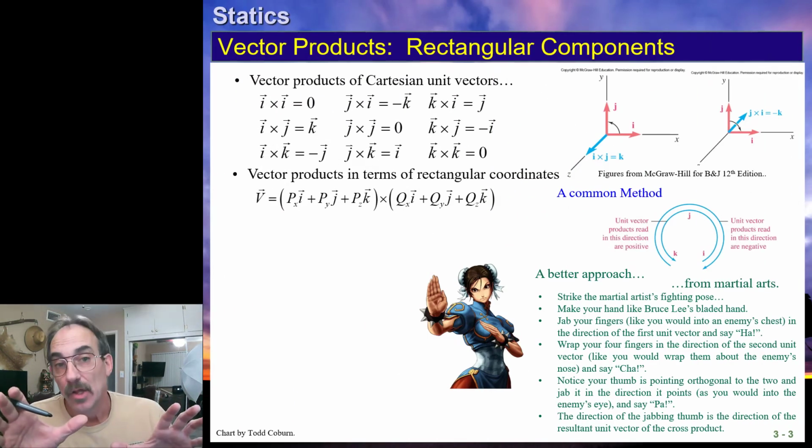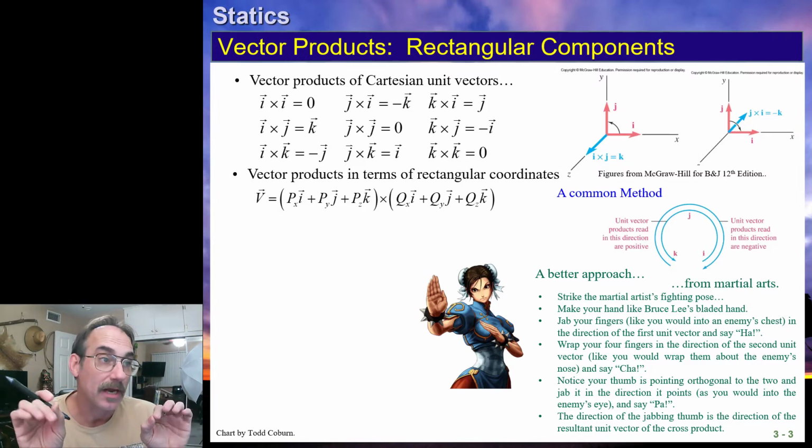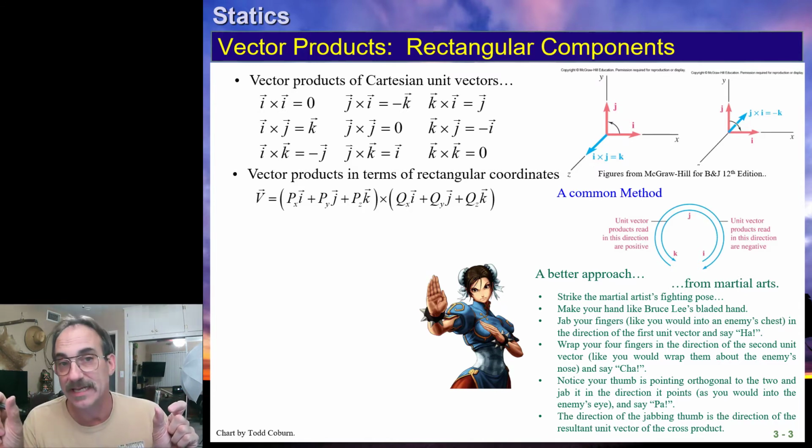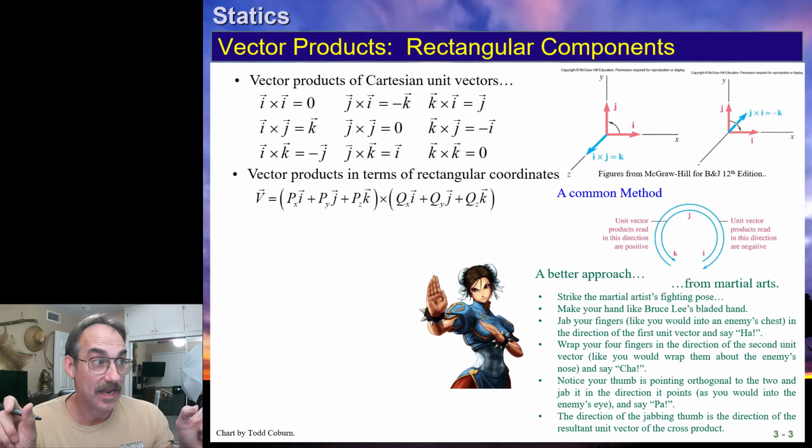Okay. So let's take a look at taking the cross product of P and Q using the rules we just learned. P is a vector. It has a component Px, a component Py, and a component Pz. Px is in the I direction, Py is in the J direction, Pz is in the K direction.